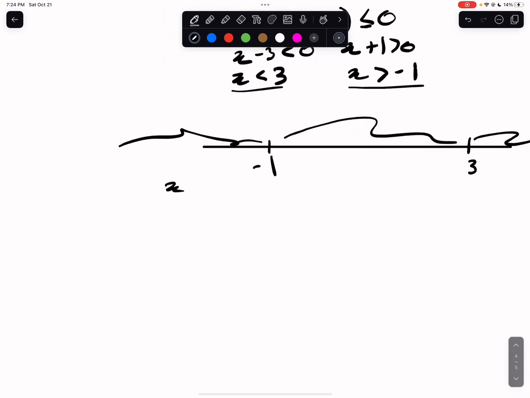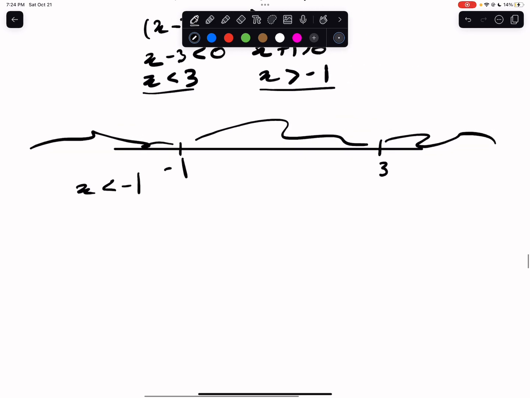First value, x is less than minus 1. Then x greater than minus 1 and less than 3. Last but not least, x is greater than 3. So these are the values you can, of course, have.